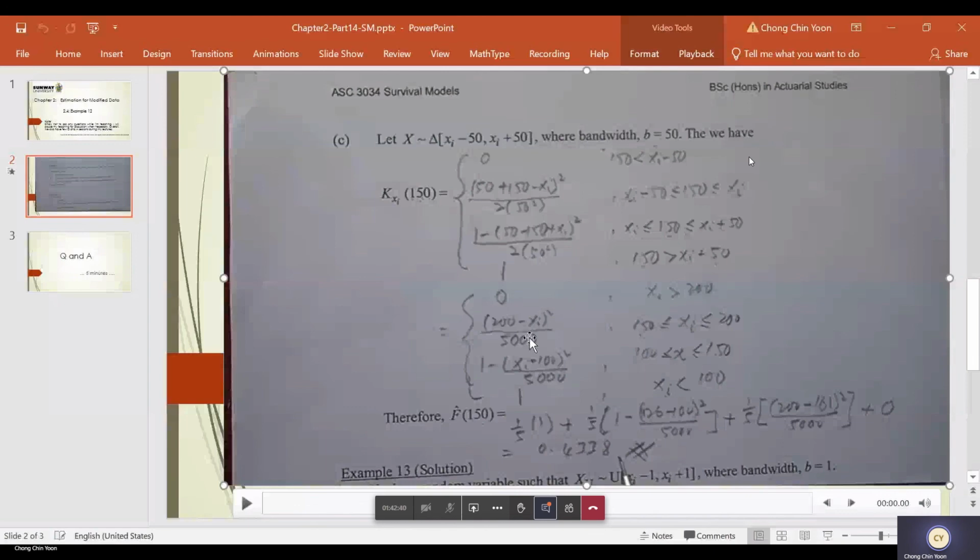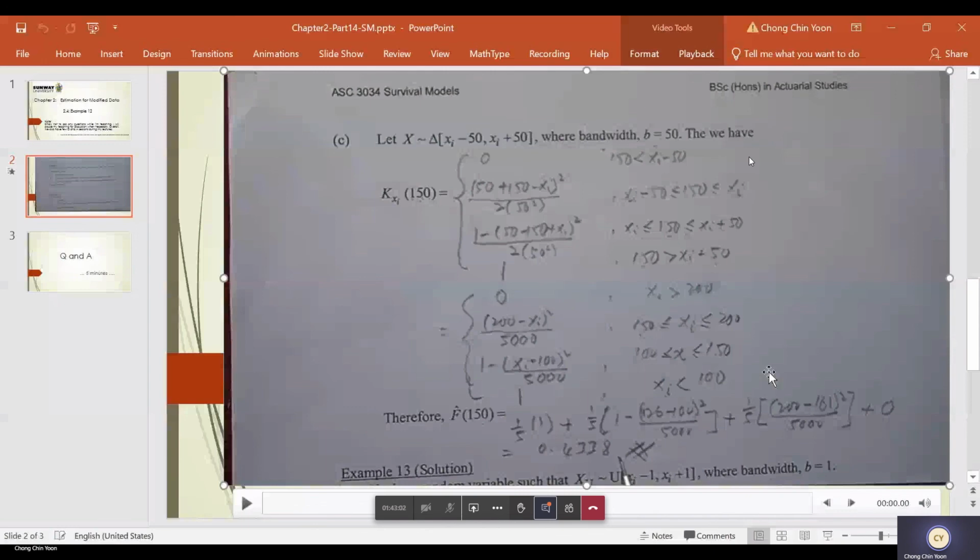I repeat that. If your xi is 150, whether you put it here or here, these two will give the same result. You can remove the equal sign from one of them, or just leave it. Do not worry about the equal sign, because this is continuous.